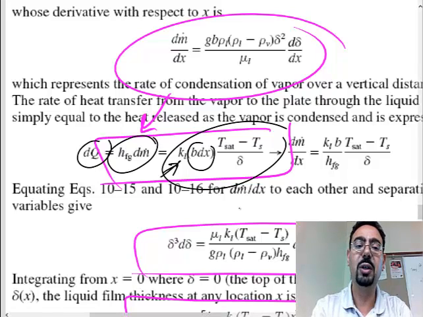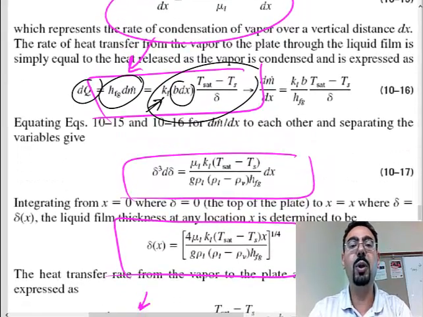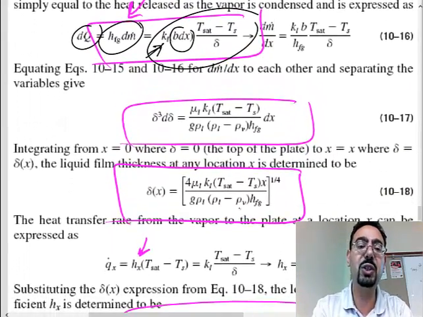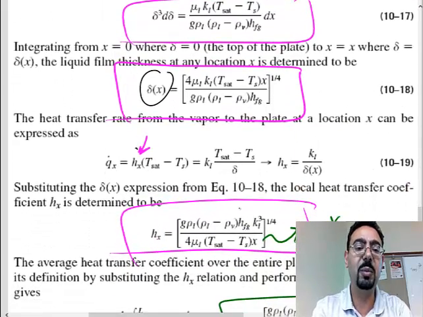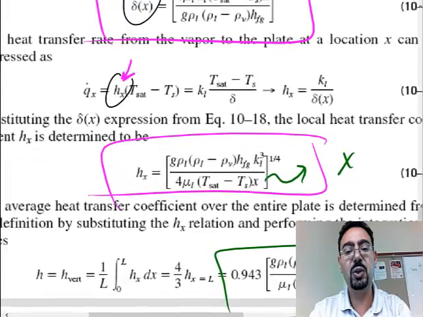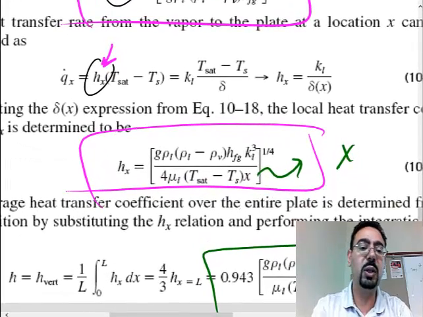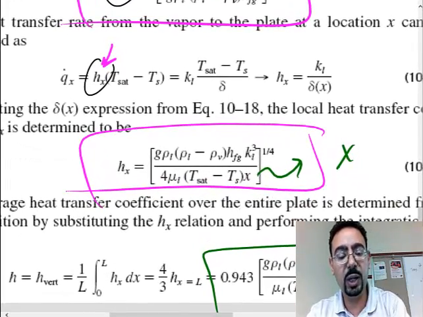That's Q conduction. So delta Q, or Q dot, is Q dot conduction at the wall, and it's also equal to m dot h_fg. And so from all these equations, they can manage to get delta as a function of x, or basically they can manage to get the h. And so here is the h. And that's what we really care about.